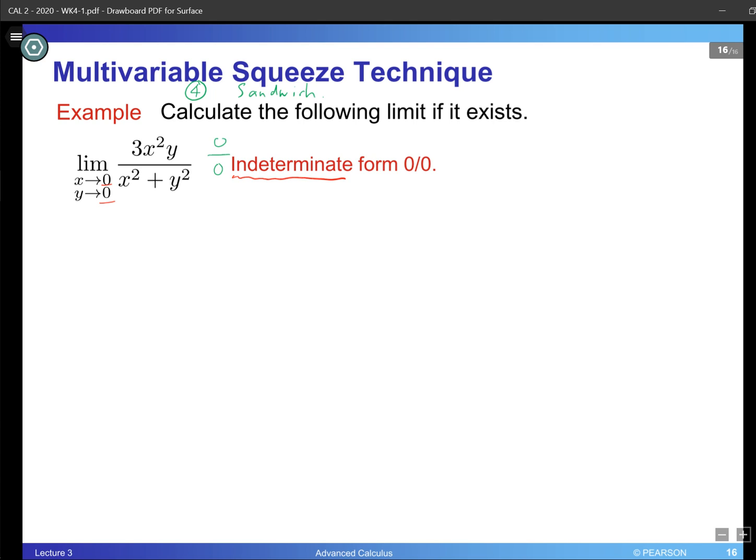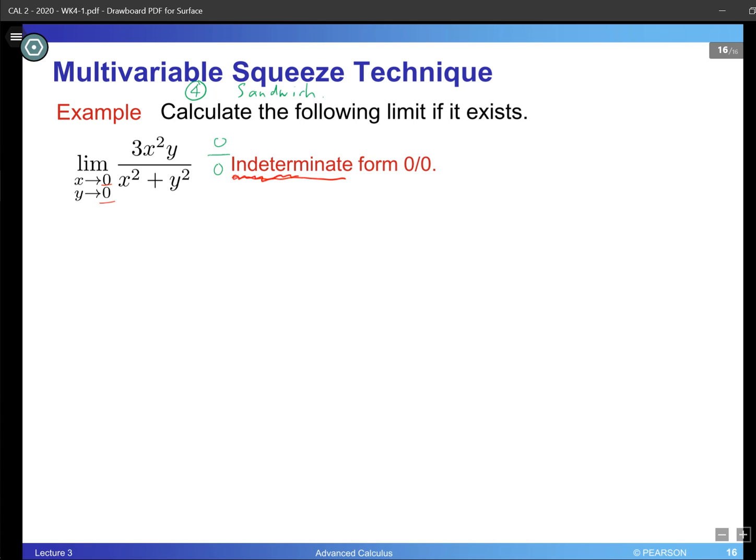Now, let's assume that we have tried everything: the rearrangement, the different paths. You try straight lines, parabolas, exponentials, and they turned out to be inconclusive. So we don't know what to do with this, so we are going to rely on this new technique, sandwich. Let's take a look at how it's done.